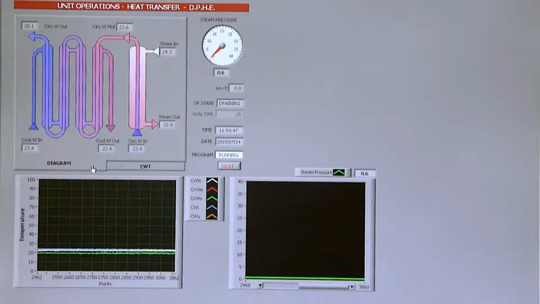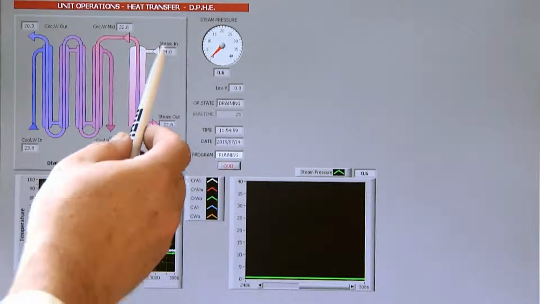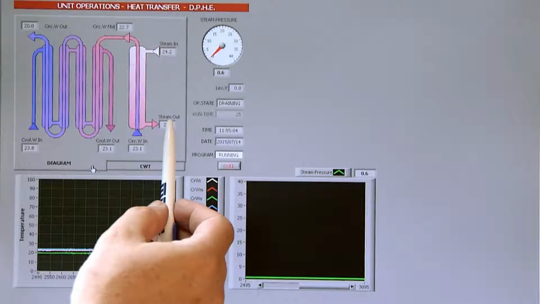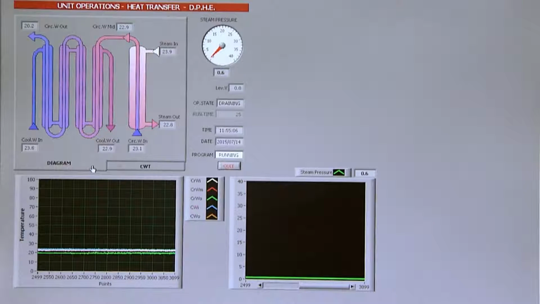When you are going to do your calculations, you have to add 14.69 psi to the number that you are reading in order to obtain the actual pressure of the steam, and therefore to check whether the temperature of the steam in is consistent. The temperature of the steam out might be considerably lower for two reasons.